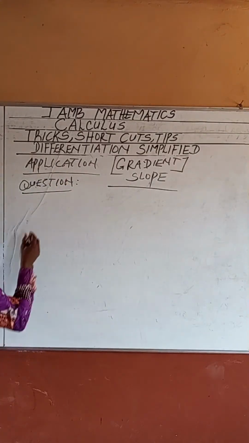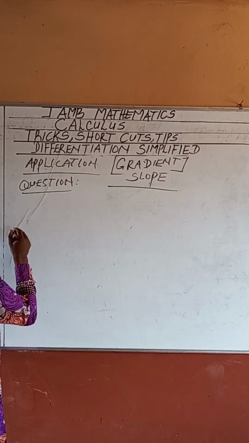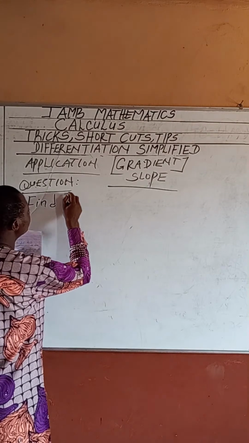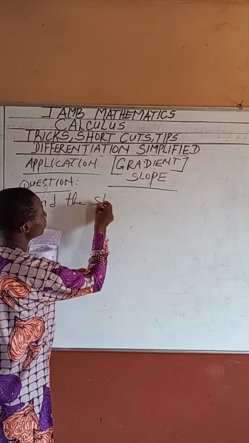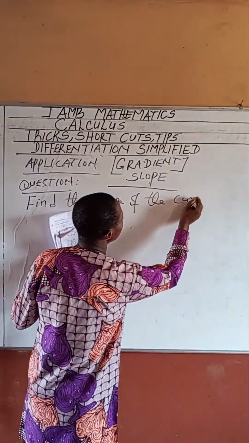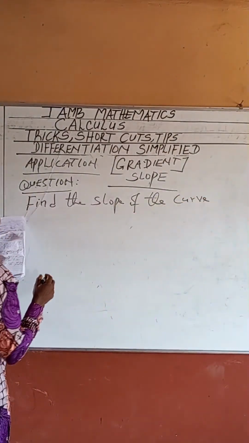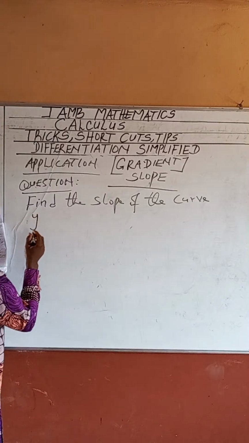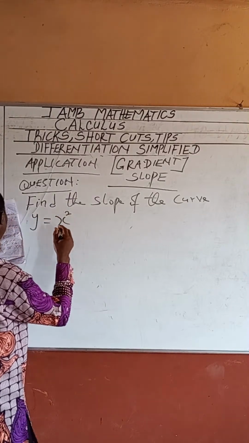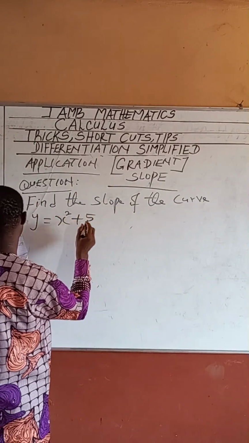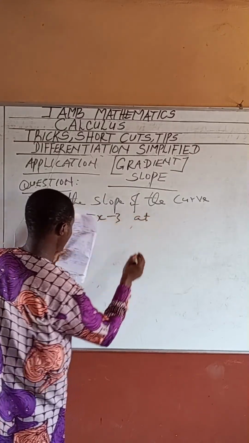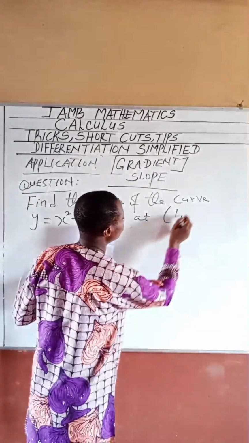So question one, the first question: find the slope of the curve. A curve is always having a square or a cube, or even more. 5x minus 3 at these coordinates.